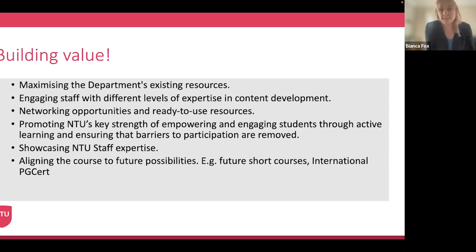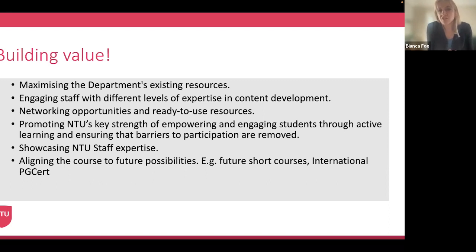Of course, like all of us have to do when we think about launching new courses, whether they are short or standard courses, is maximizing the department's existing resources. So we tried to identify existing resources that we could use, and we had conversations with colleagues around their potential input, and we tried to identify any videos or any other type of resources that could be used.